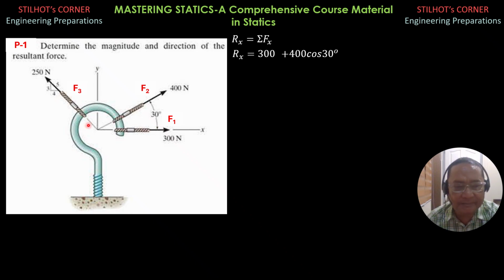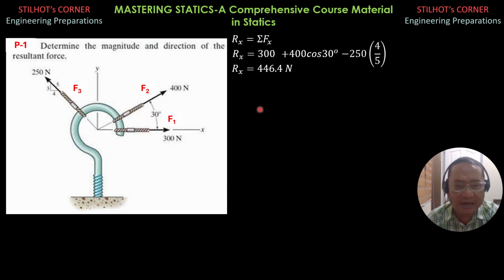Then for F3, because it is directed up to the left, the X component is negative, and it is equal to 250 times negative 4 over 5. Or negative 250 times cosine of this angle, and the cosine of this angle with the x-axis is 4 over 5. So combining, Rx is equal to 446.4 newtons.